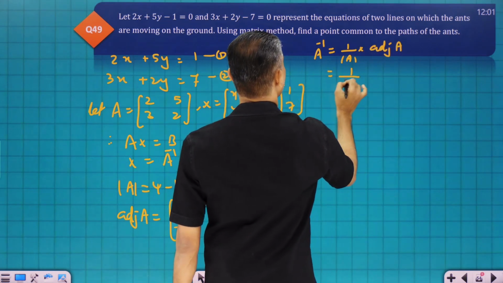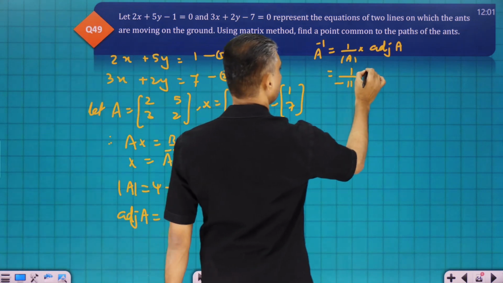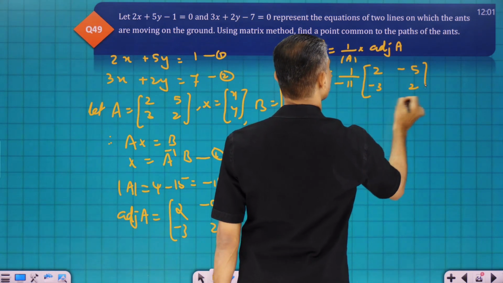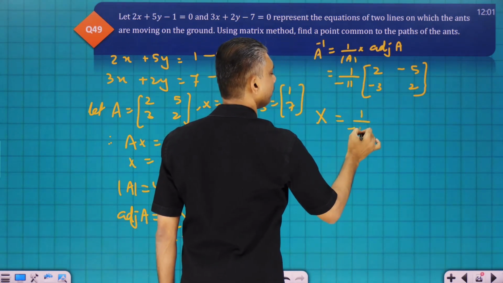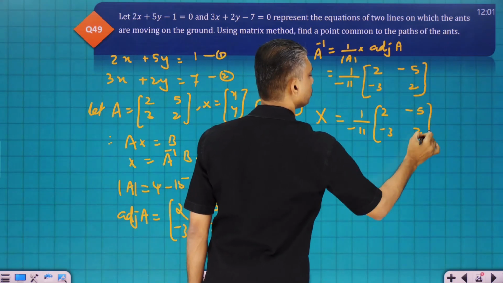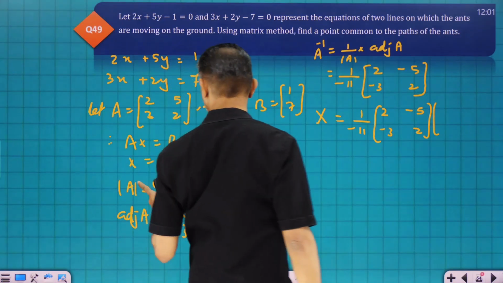That is 1 by minus 11 into the matrix 2, minus 5, minus 3, 2. Therefore, X is equal to A inverse into B.